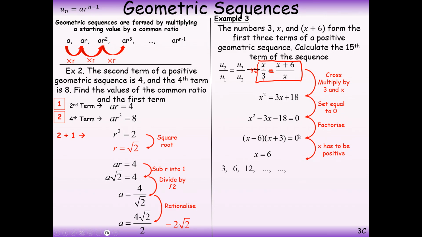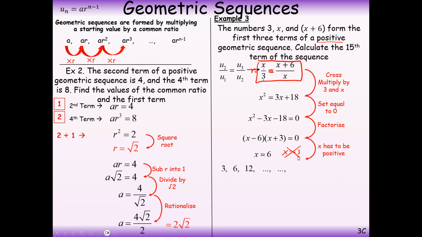Why do we not take x equals negative 3? Because we've been told it's a positive geometric sequence, and we are ignoring the fact that x could be negative 3, because it cannot go from 3 to negative 3 and so on. So that's why we're discarding this answer here.